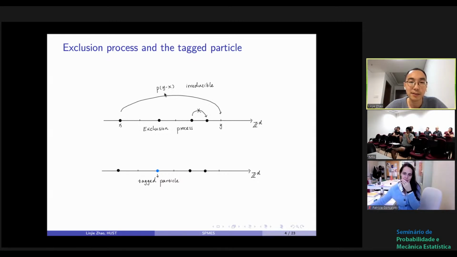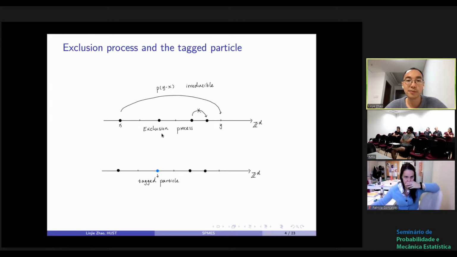So the system is translation invariant. We usually have some general assumptions on the jump rate p. For example, we usually assume it is irreducible. And in the exclusion process, all the particles are the same, indistinguishable.